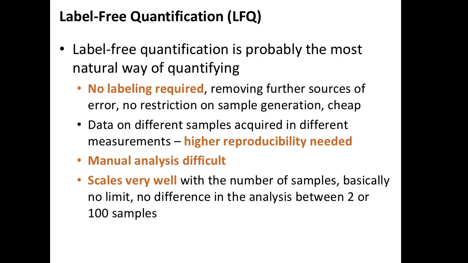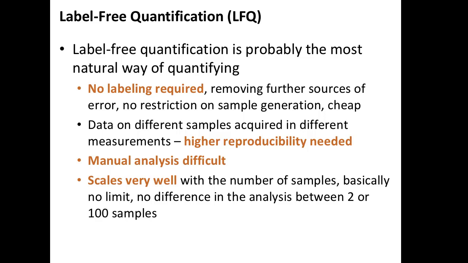If you don't want to do labeling, then we usually talk about label-free quantification. That's if you want the most natural way of quantifying, because you don't do anything to your sample. You just take it as it comes. So no labeling is required, which makes it cheap, and that makes it popular for clinical applications as well. If you have 1,000 samples, then the cost for labeling can also be prohibitively high.